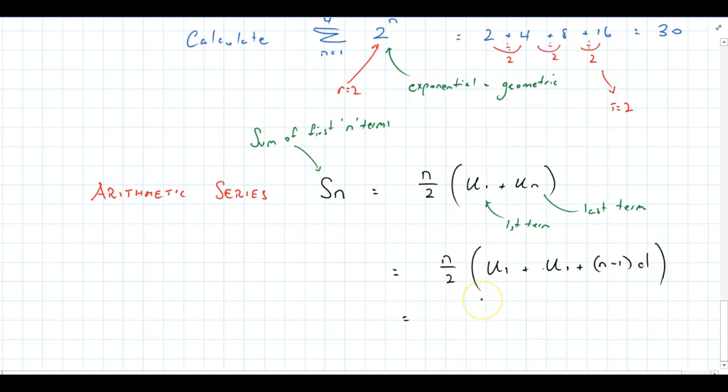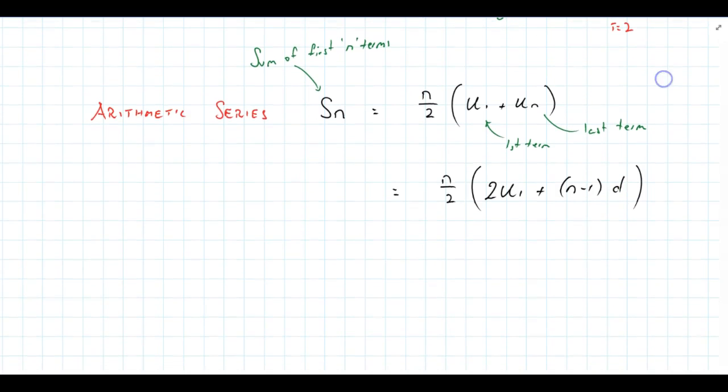So this turns out to be n over 2 times 2u1 plus n minus 1 times d, as our arithmetic series formula.